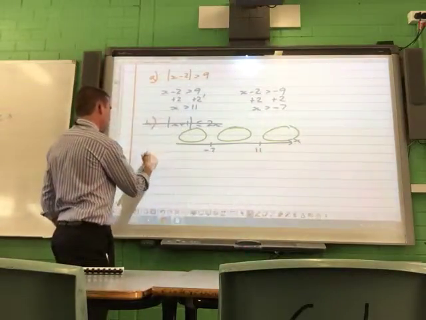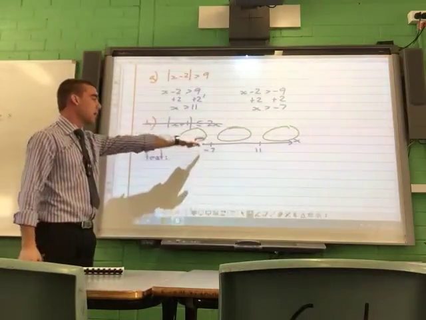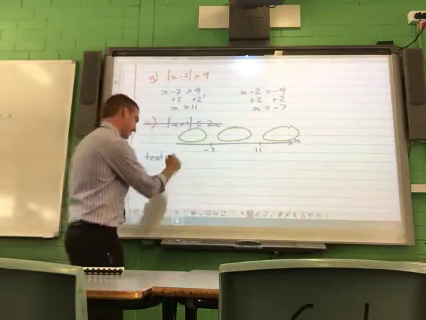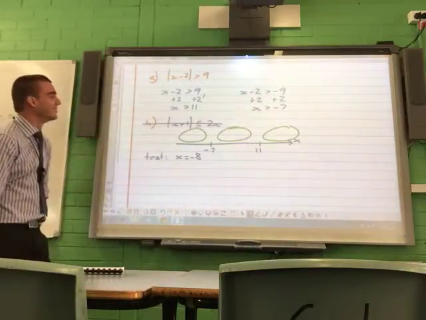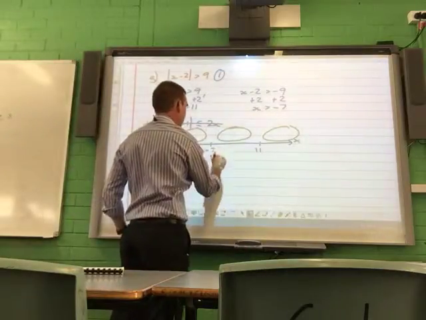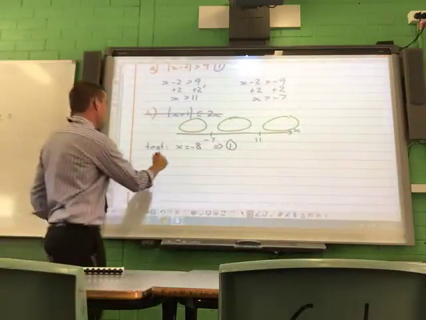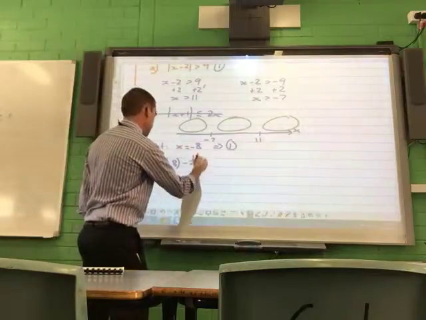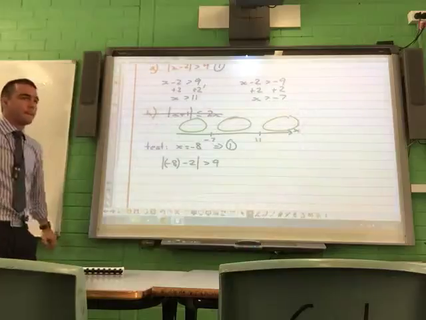So, test. What's the number that is less than -7? Right, -8. Let's put it into equation 1. The absolute value of -8 take away 2, we want to see if it's greater than 9.